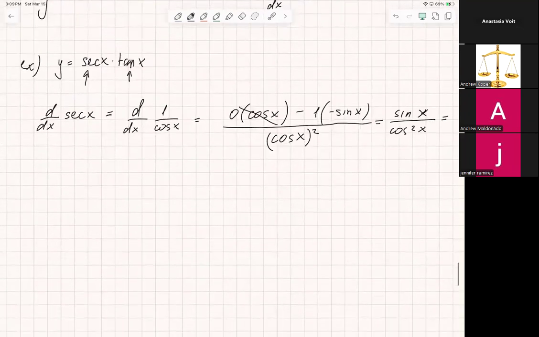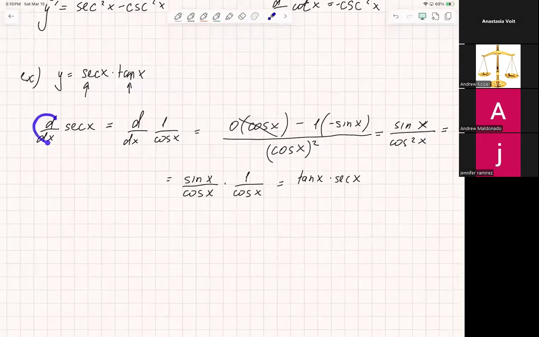Now we can separate this cosine into sine x over cosine x times 1 over cosine x, right? And we know that sine over cosine, that's tangent x, and 1 over cosine x, that's secant x, right? So the derivative of secant is tangent x times secant x.